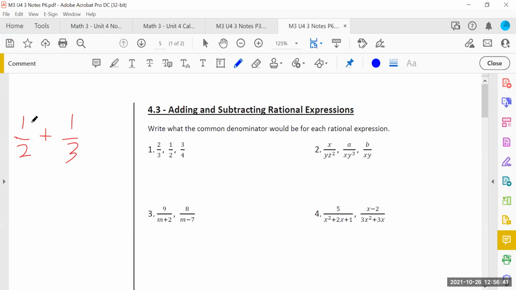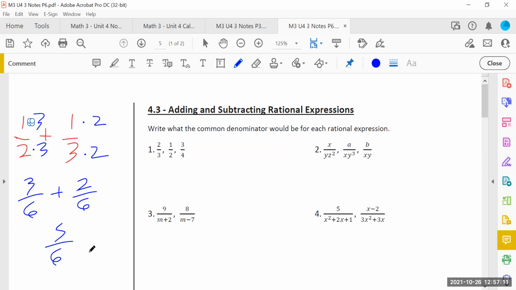So I'm going to multiply this one top and bottom by 3, this one top and bottom by 2, so that I end up with 3/6 plus 2/6, which would get me 5/6. Does that look familiar to everybody? Okay. So again, once the denominators match, then I just add the tops and the bottom denominator stays the same. That's what we're going to be looking at for a lot of today.